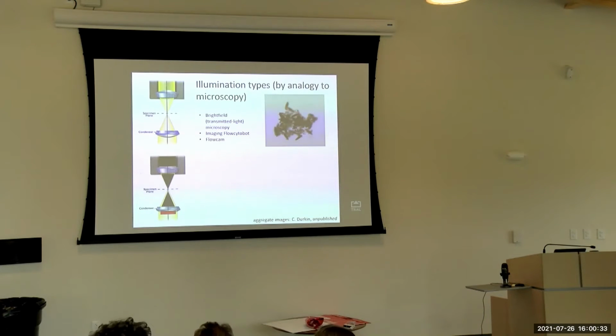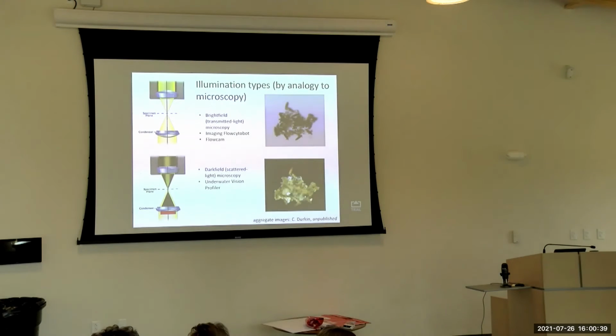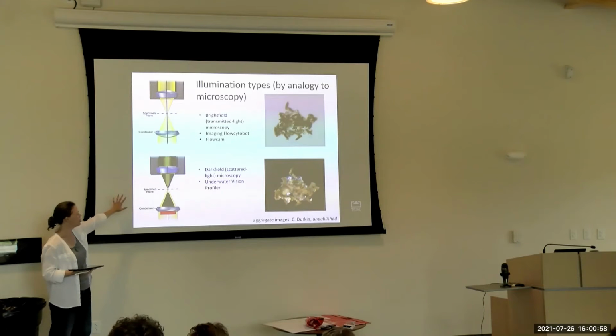So that edge light is focused onto the specimen plane, and then all we see coming out of the specimen plane is the light that's been scattered at low angles by the sample. We're not collecting any of that edge light on the detector, and so we see what might be called a dark field image.